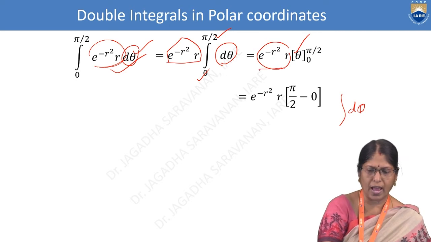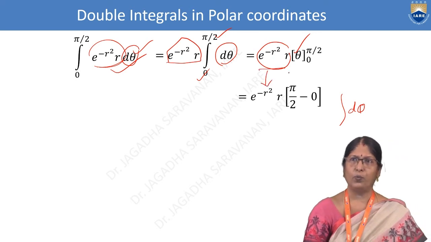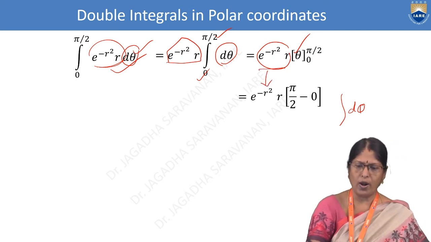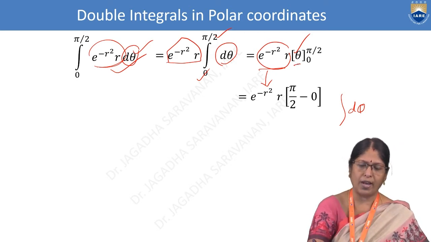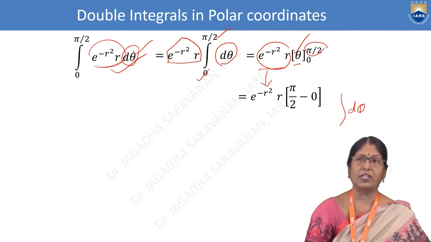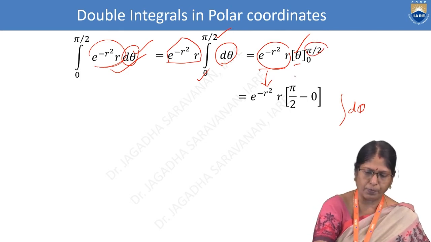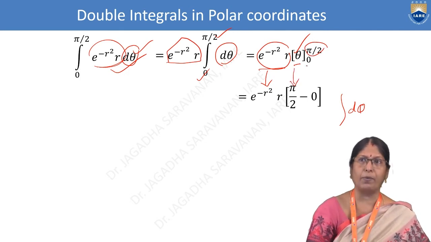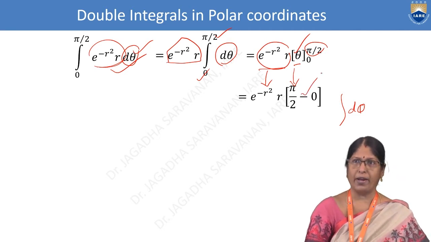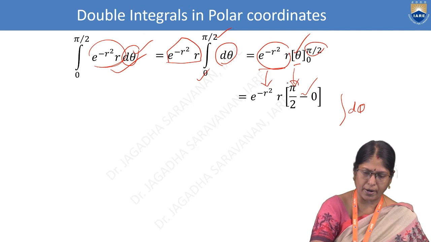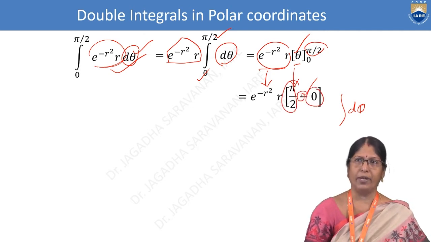Now this, as it is written here, we didn't touch at all. Only in the theta place we substitute the upper limit, that is pi by 2, and we got pi by 2. This is minus, the formula is upper limit minus lower limit.